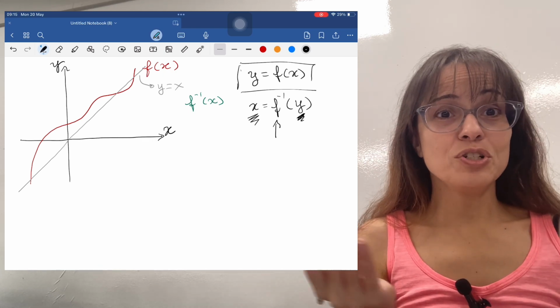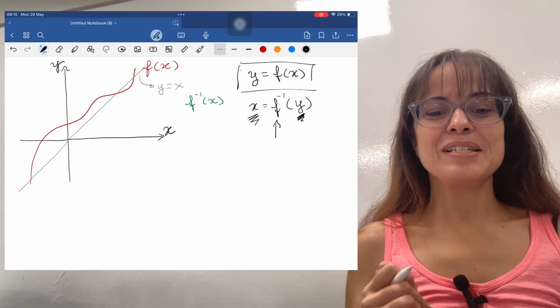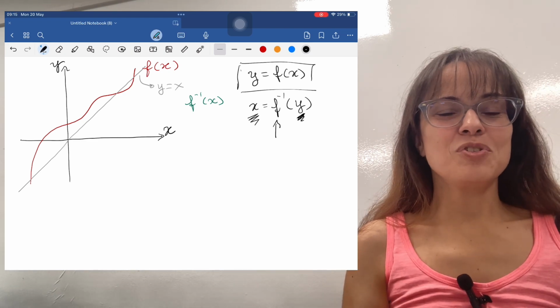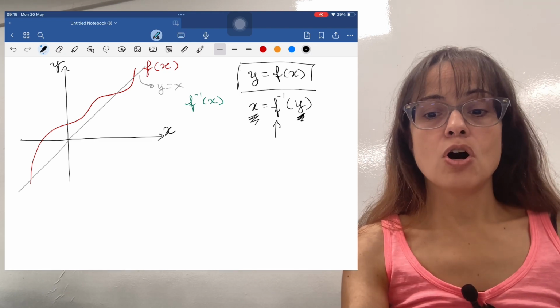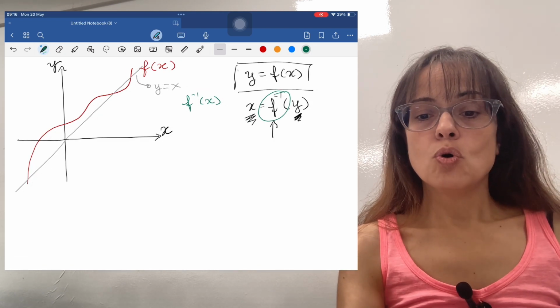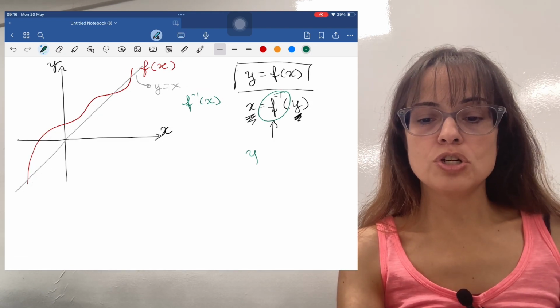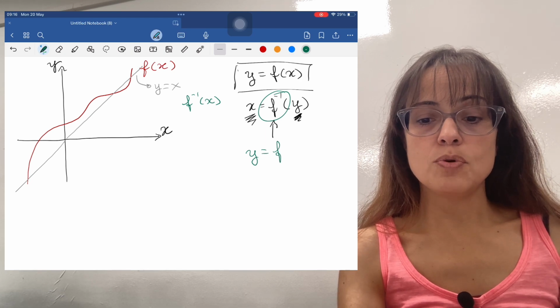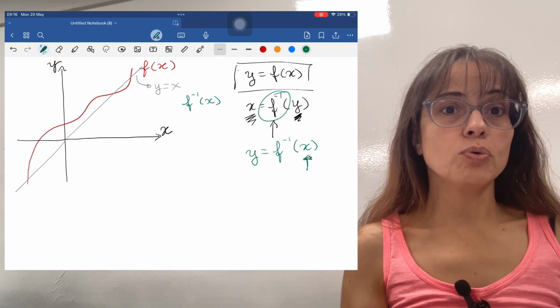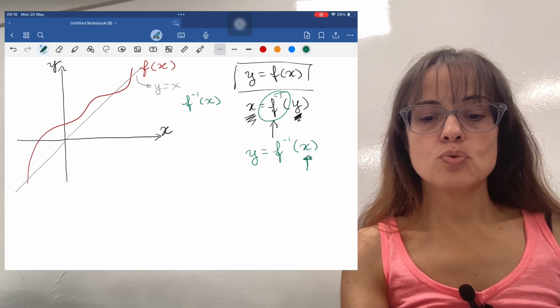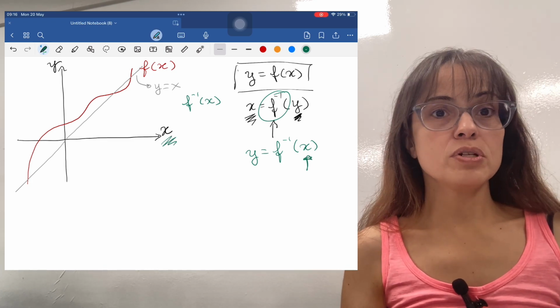Of course, we're not going to draw it like that because if we did, it would be just the same picture again. But when we sketch the graph of the inverse function, what we do is we switch the names of the variables so that the independent variable is still called x like it usually is. So it's still here horizontally.